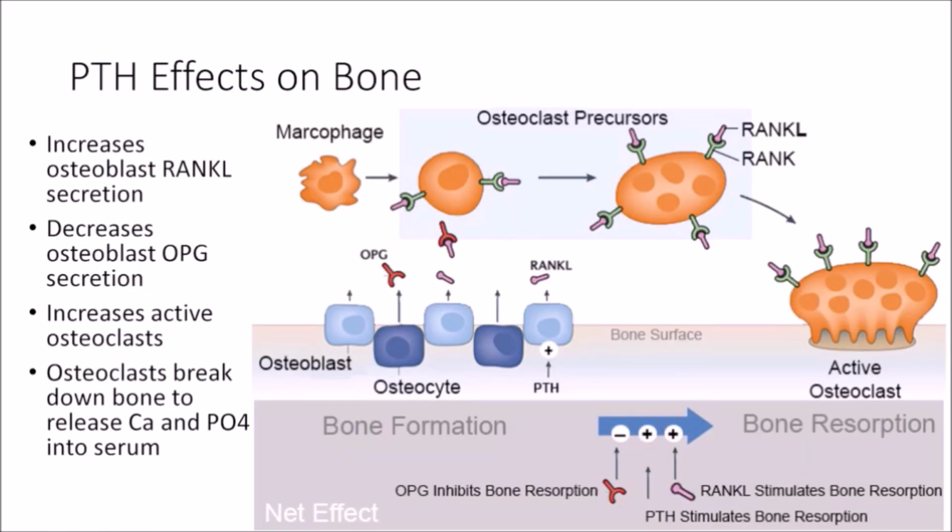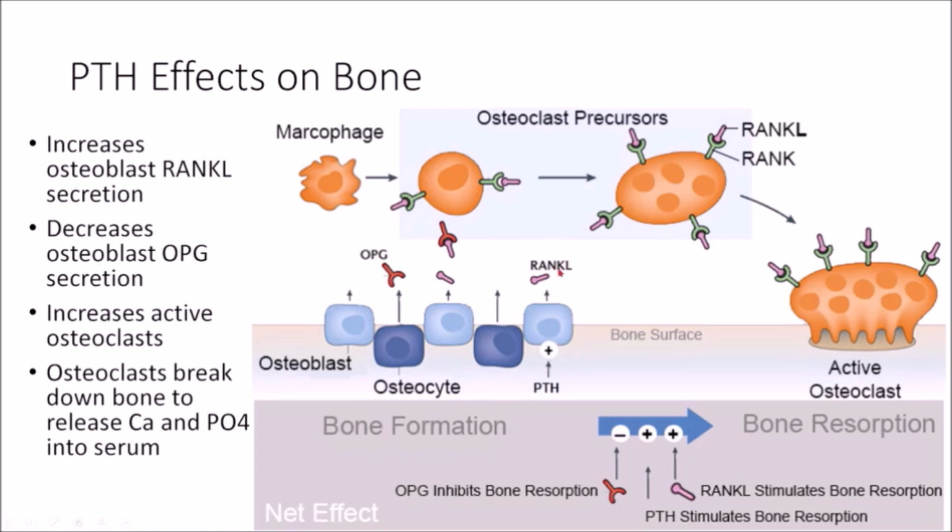Now, what are the specific effects that parathyroid hormone has in the body? The 2 places that the parathyroid hormone primarily acts on are the bone and the kidneys. On the bones, it's able to ultimately create an upregulation of osteoclasts, which are cells that help to break down bone. It does this by increasing the osteoblast RANKL secretion. In the diagram here, PTH will bind to an osteoblast. It'll upregulate the transcription and ultimate translation of a RANKL protein from that osteoblast.